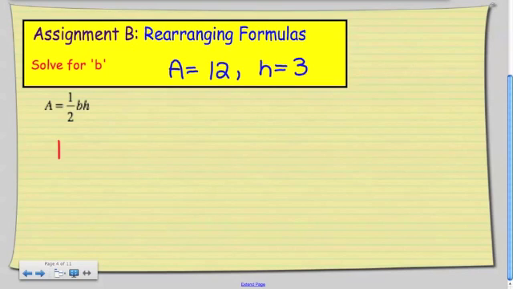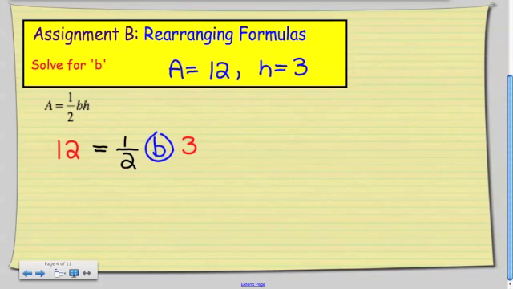Instead of A, I'm going to put the number 12 is equal to 1/2 times B times my H value, which I know is 3. Okay? And slowly we are going to isolate for B.